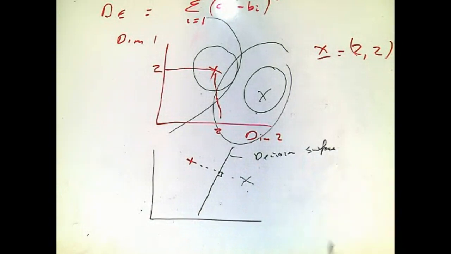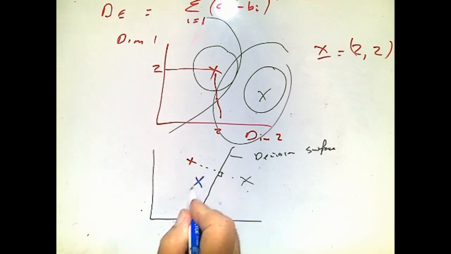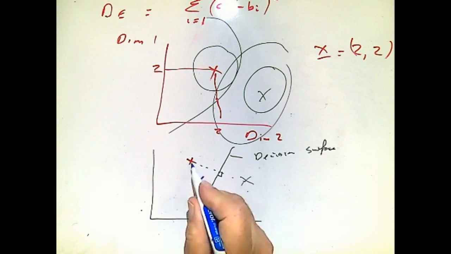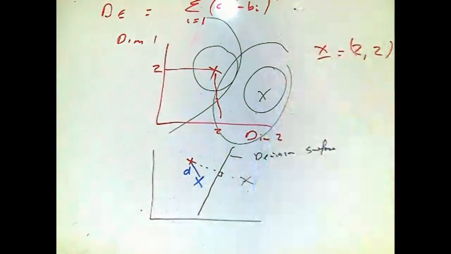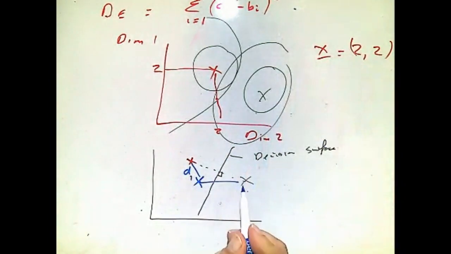Now, to classify unknown patterns, an unknown pattern comes in here. We would simply measure 2 distances. We would measure D1 by that calculation. We would measure D2, and we would find which is the smaller, which is the closest.